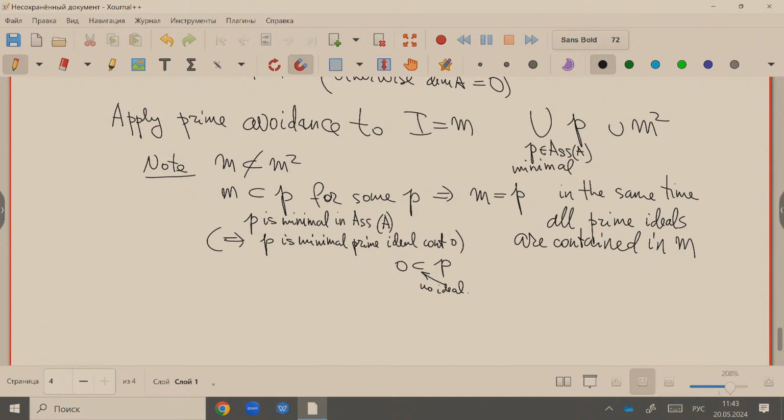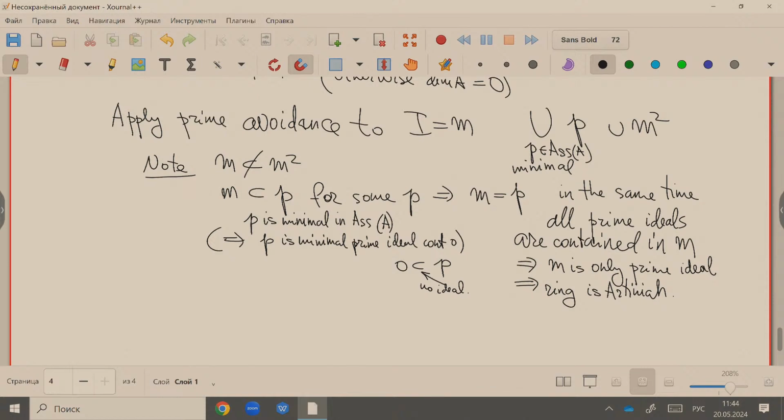This means that M is the only prime ideal, and this implies that the ring is Artinian, which is a contradiction.